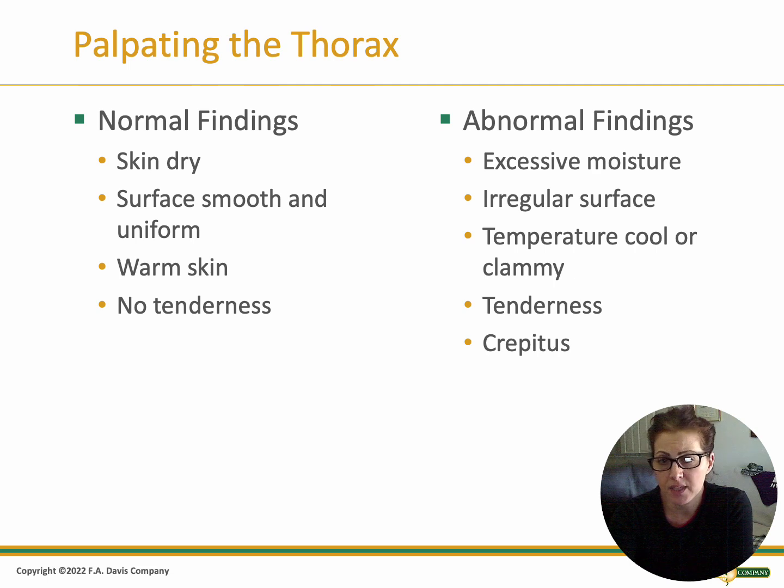Normal findings include that the skin is dry, smooth, uniform, warm to touch, and there is no evidence of tenderness. You'll see an abnormal finding of crepitus when they're breathing in and out, and that's simply a grating sound between the chest wall and maybe the pleural cavity, or the chest wall and the rib cage.